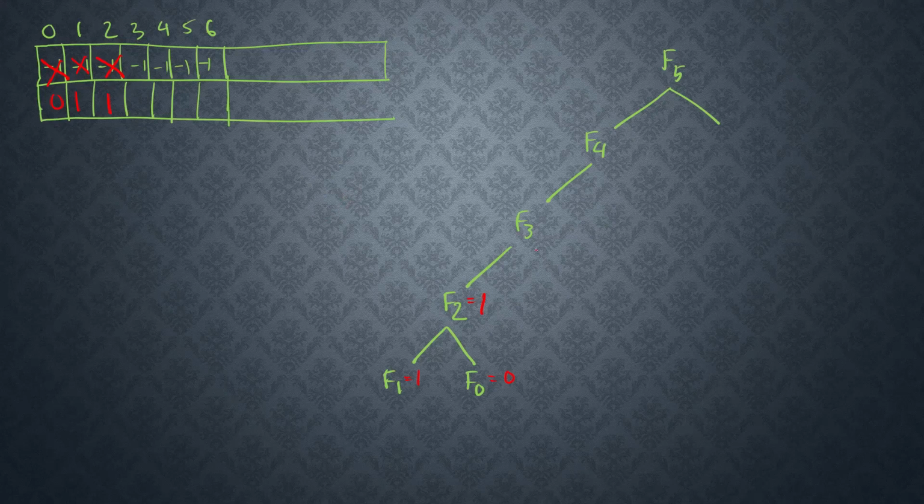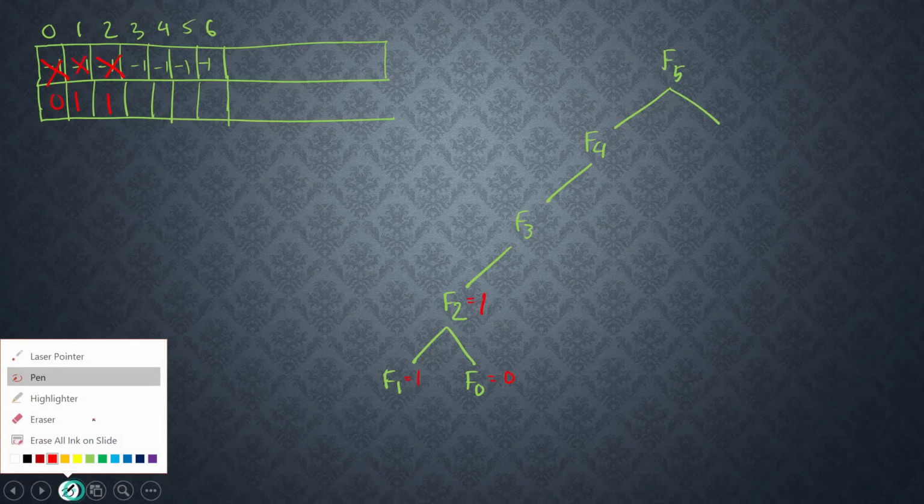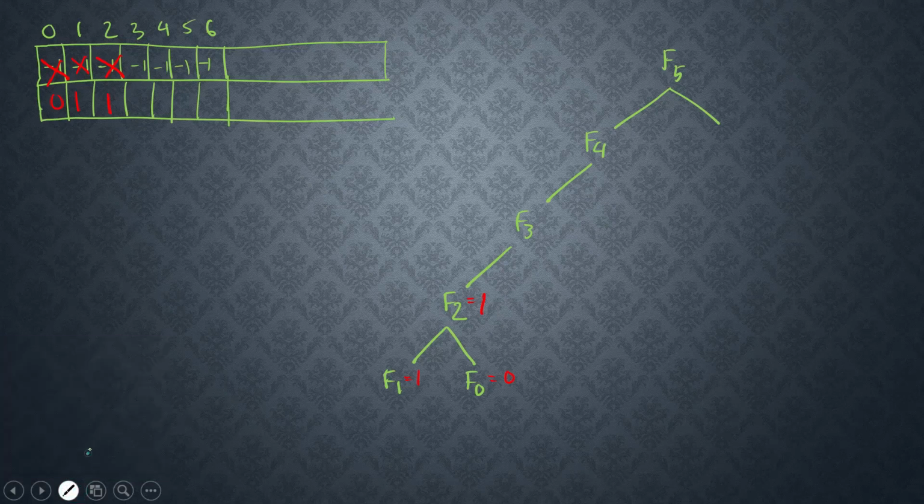Now f3 will ask what is f1, and it will return 1, and so this value will be calculated as 2, and we will write 2 here. Now what purpose does it serve?